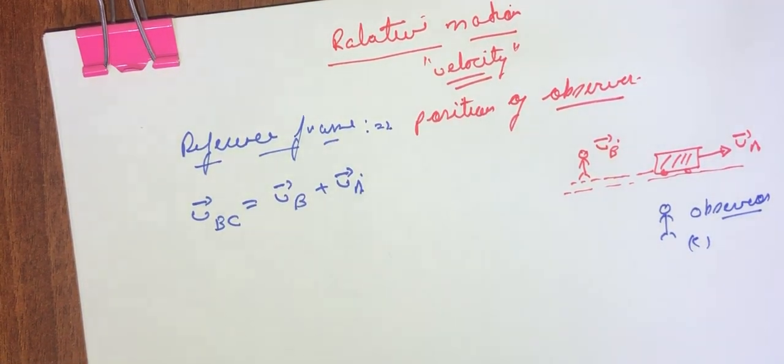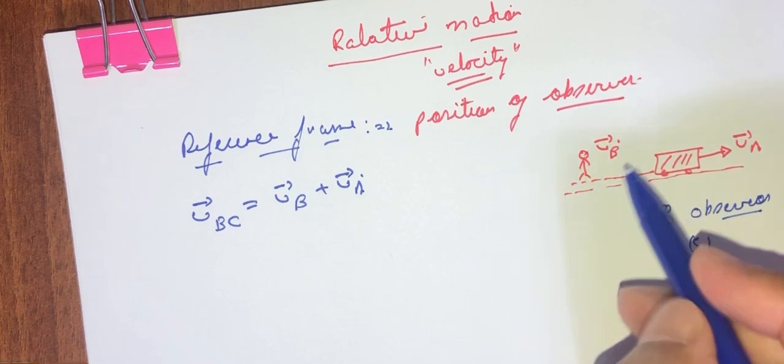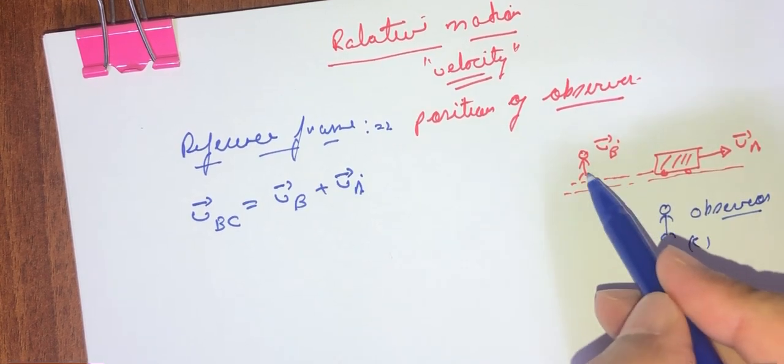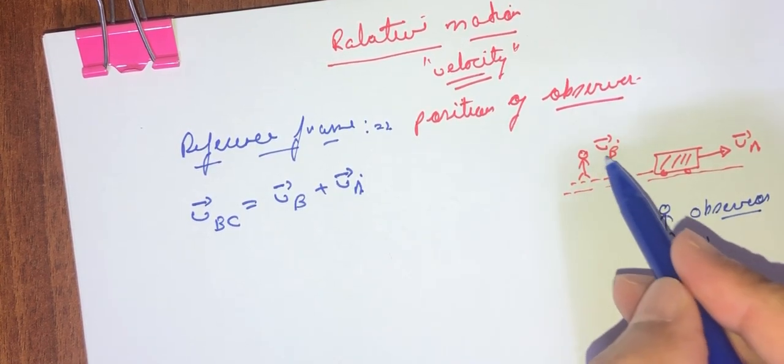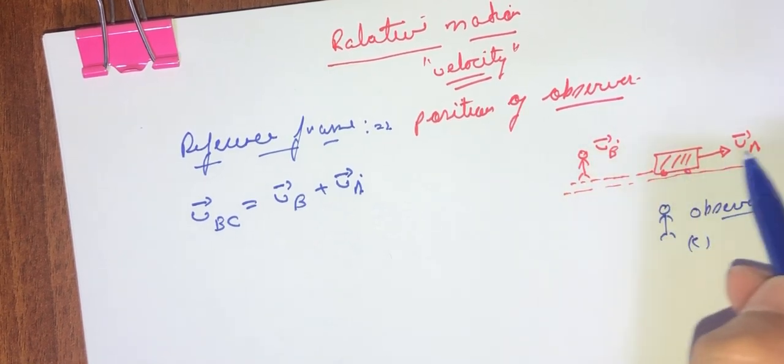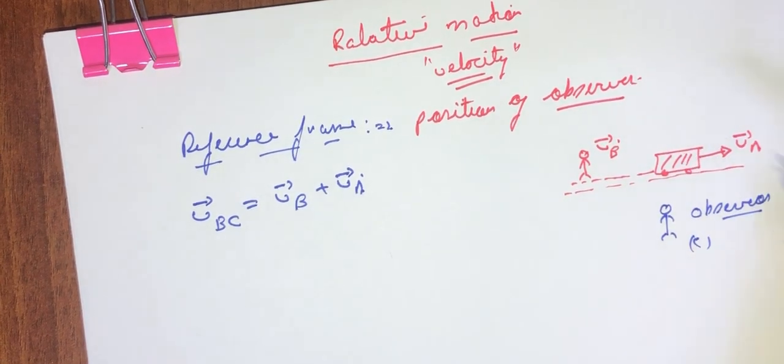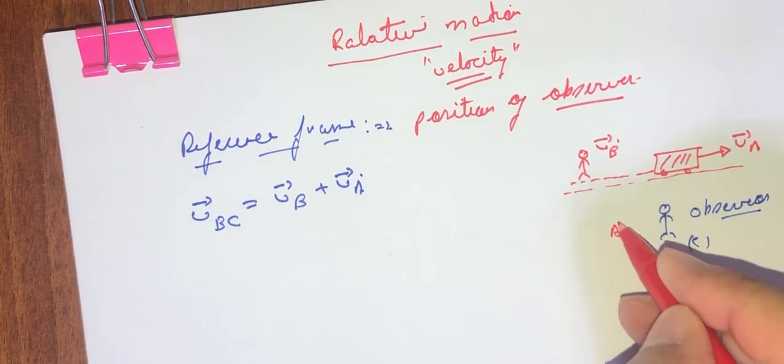This is the relative velocity with which the observer C will see this person B moving, with the velocity of VB plus VA if they are moving in the same direction. This was our first condition.